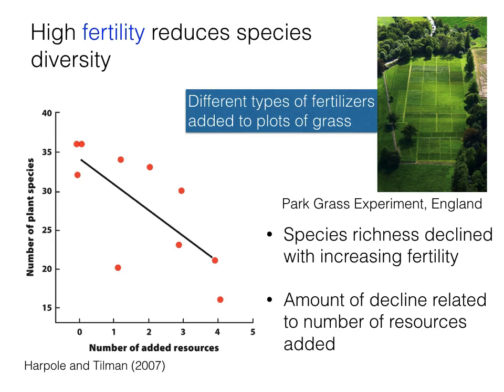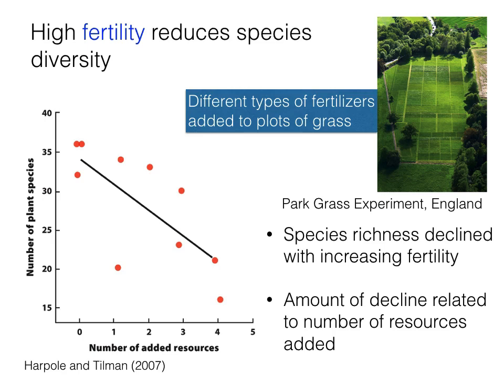What the researchers did was add resources, both different amounts of resources and different numbers of types of resources, to different grassland plots over a period of many, many years, and observe in response the abundances of different species, but also species richness.